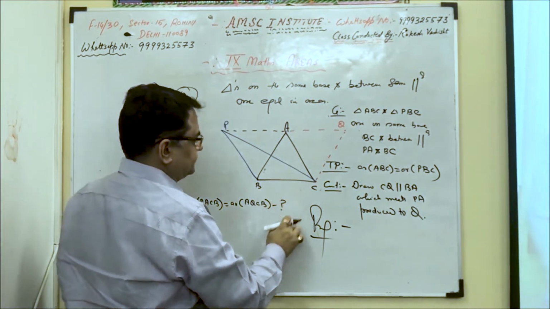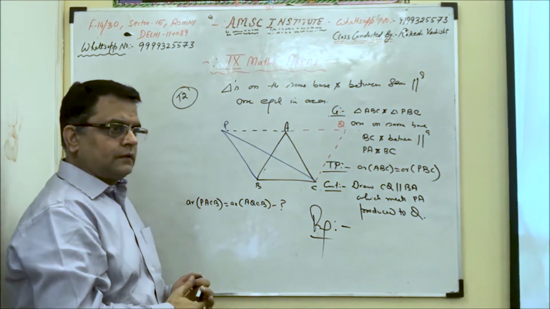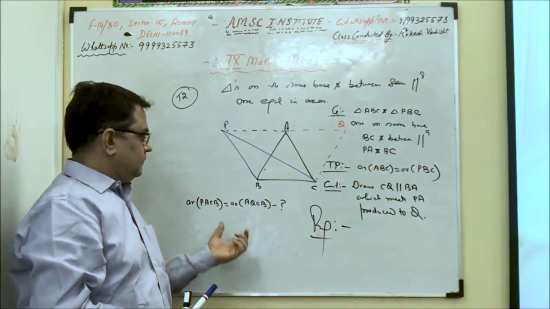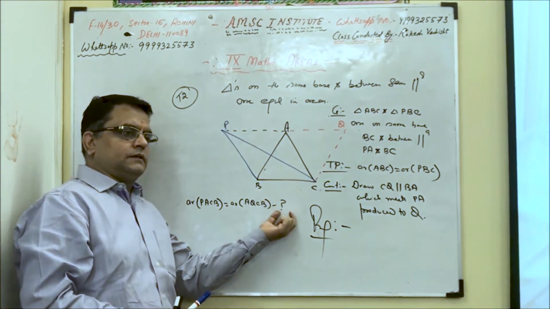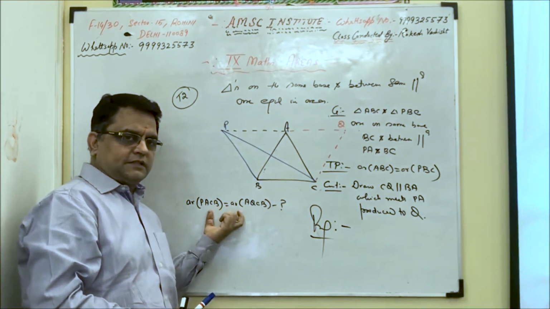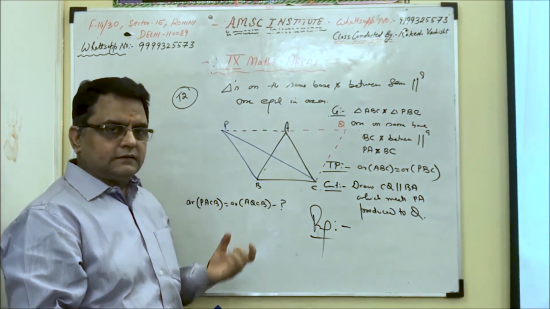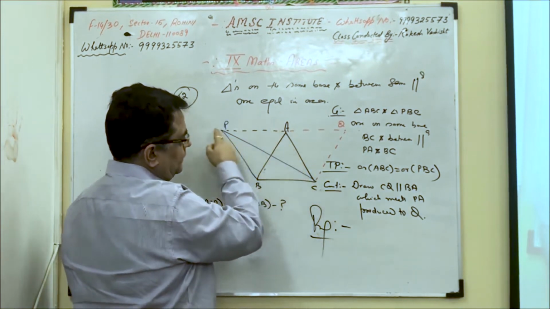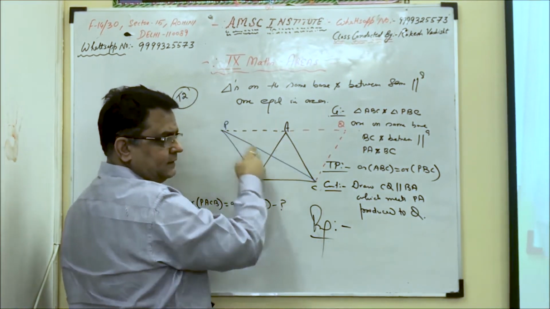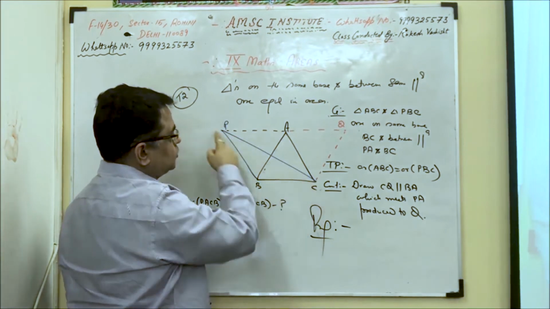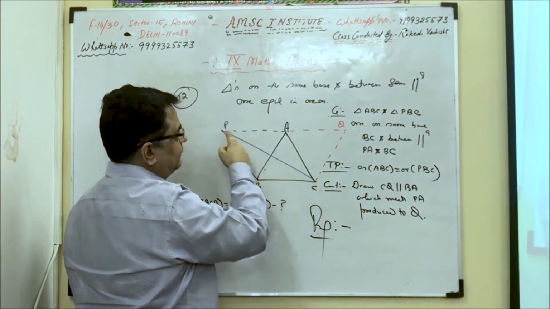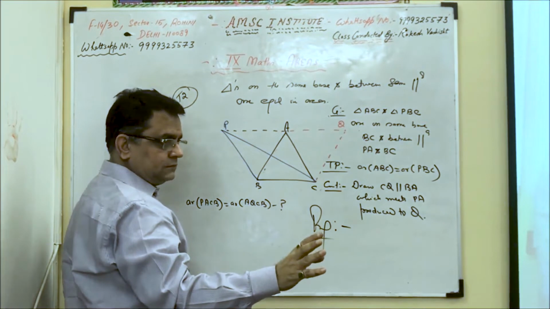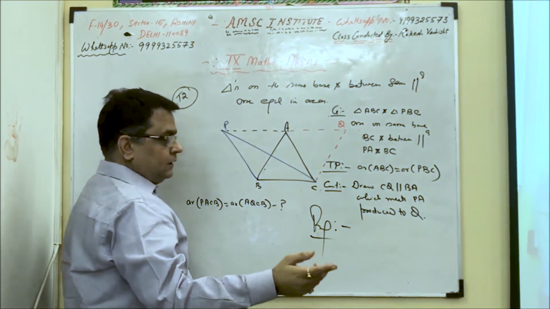Right? Because पूरा reason लिखना होगा: parallelograms on the same base and between the same parallels are equal in area. You just look at this particular parallelogram. PC is a diagonal. So PBC is equal to PAC, right or not? Their areas are equal.